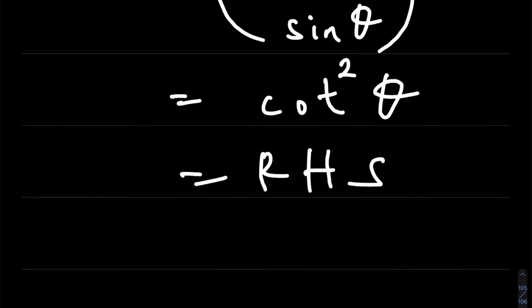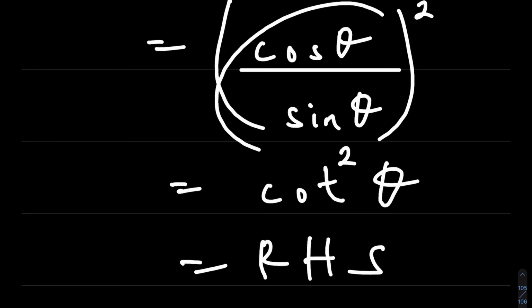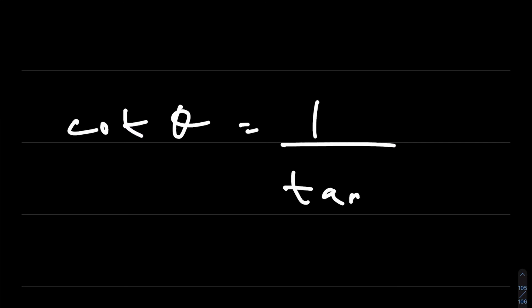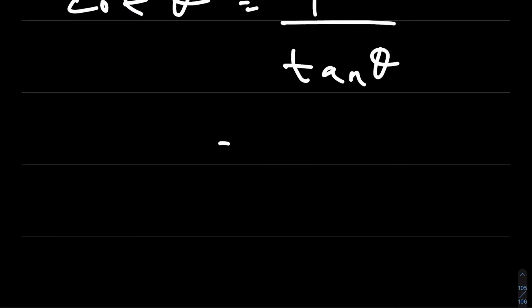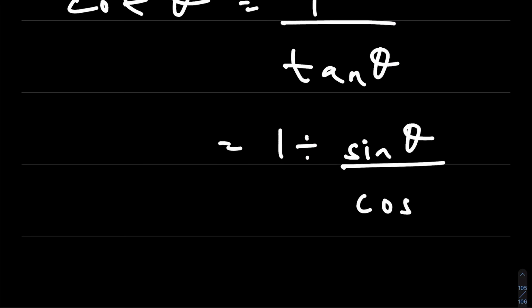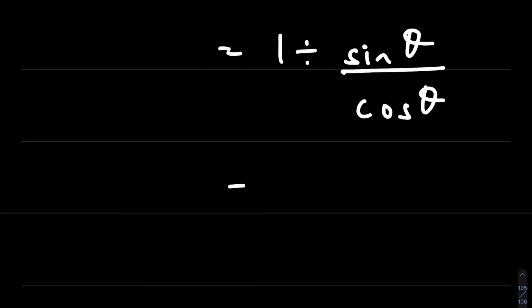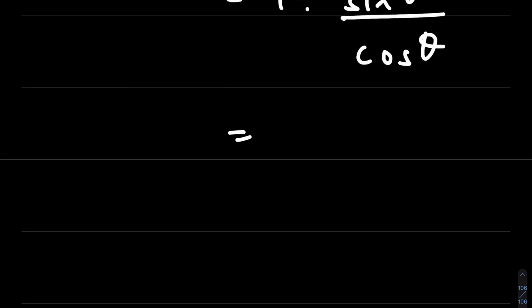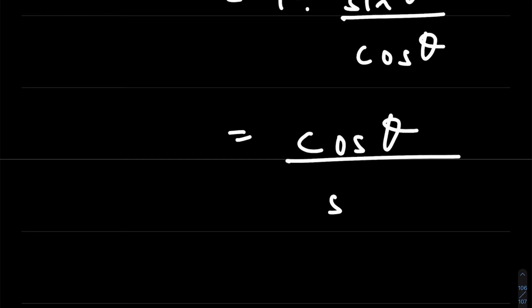If we doubt how I got cos theta over sine theta to be cot theta, let me show that cot theta is the same as 1 over tan theta. And I know that tan theta is sine theta over cos theta. That means 1 divided by sine theta over cos theta. And this is the same as 1 times cos theta over sine theta, which is simply cos theta all over sine theta.